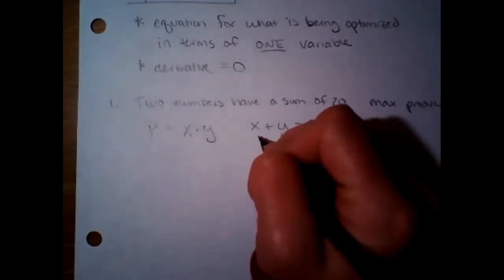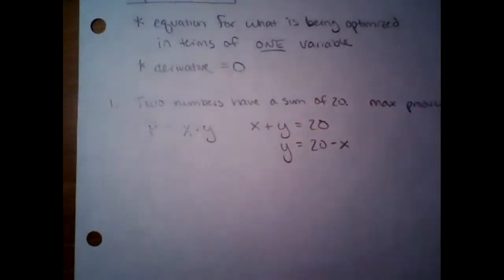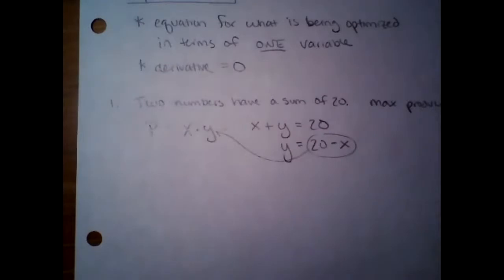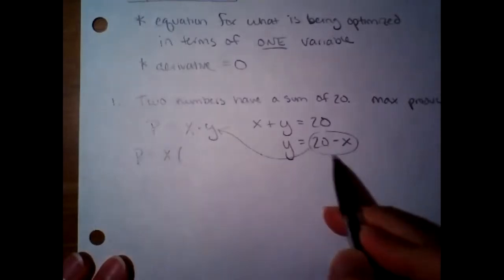So I'm just going to subtract over the x. This would be y equals 20 minus x. And I'm going to substitute that in for y over here. So product equals x times, and in place of y, we're going to put 20 minus x.